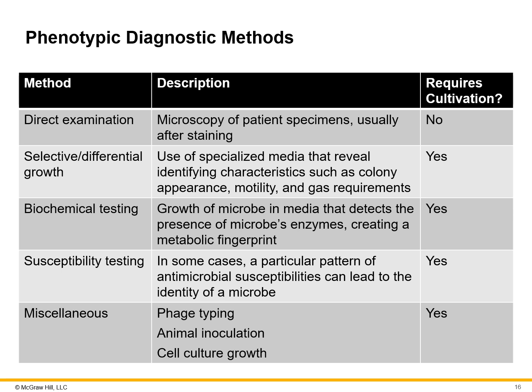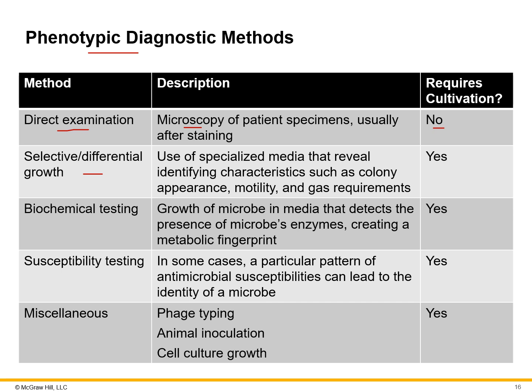So a nice summary table here of these diagnostic phenotypic methods. So direct examination, microscopy would be an example of that. That doesn't necessarily require it to be cultivated or grown. Using those selective or differential media, only certain things can grow on them.